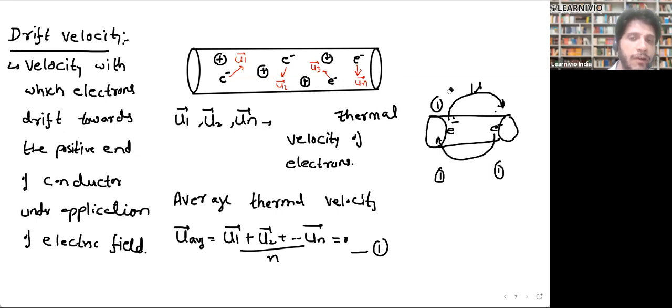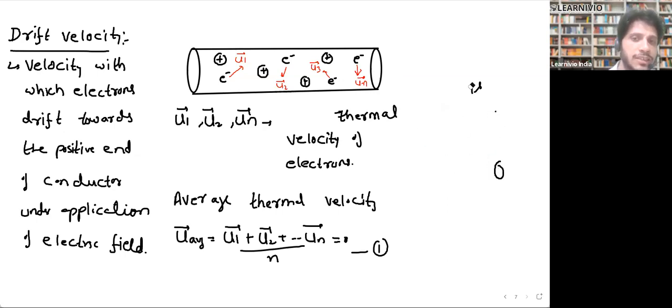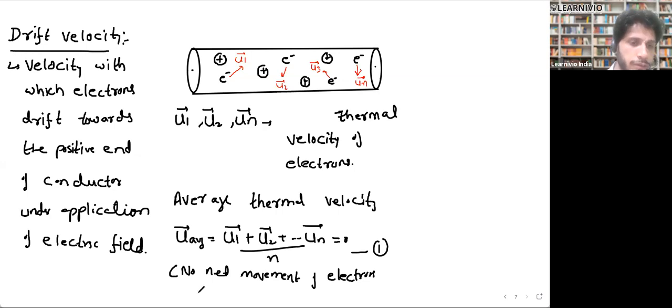When I say that average thermal velocity is 0, that simply means that although these electrons are moving inside the conductor, there is no net movement of charge from one end of the conductor to the other.